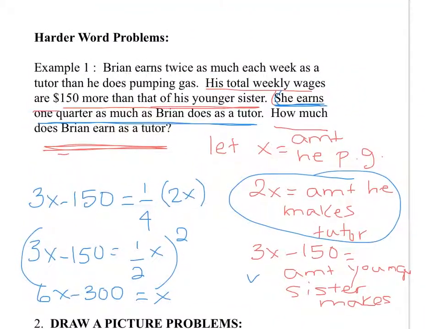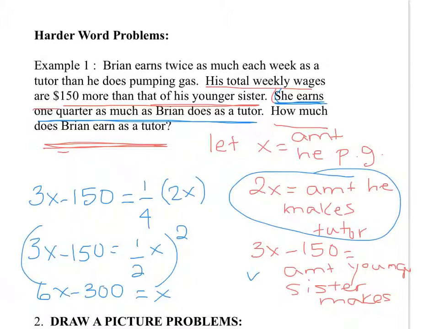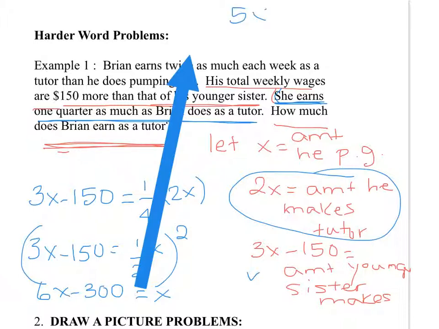Okay, actually, let me see if I can add a page here. Oh, you know what? I'll come up here. All right. So I'm going to subtract X from both sides, and I'll get 5X minus 300 equals 0. I'm going to add 300, and I get 5X equals 300. So then X equals 60.